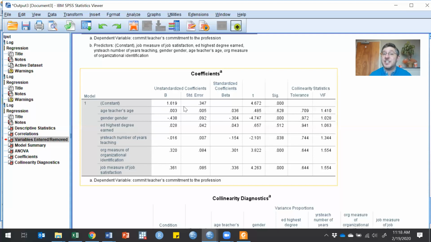So our intercept or constant estimate, if we did all that, would be the predicted value for a teacher who was age 20, who was female, who had a master's degree, who has 1 year of teaching experience, and who was average on their organizational identification and job satisfaction measures.